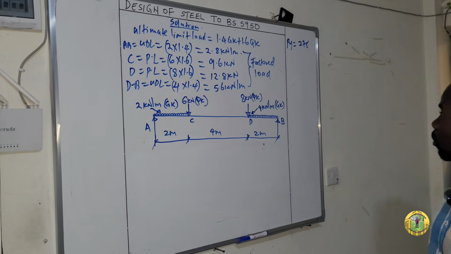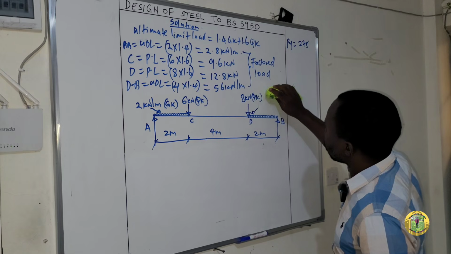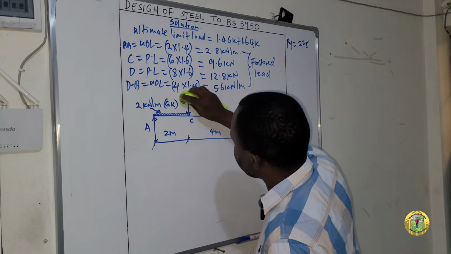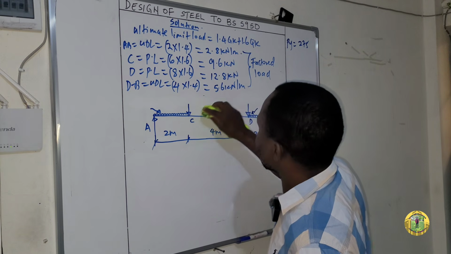Again, I want to redraw this loading on the beam so that we can have our new factored loading.